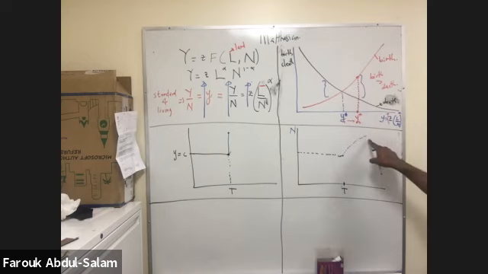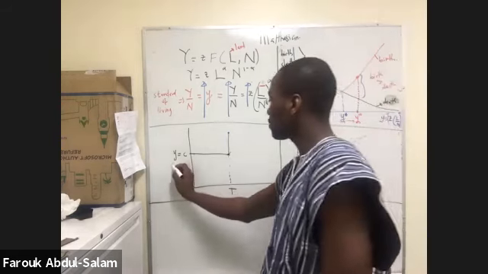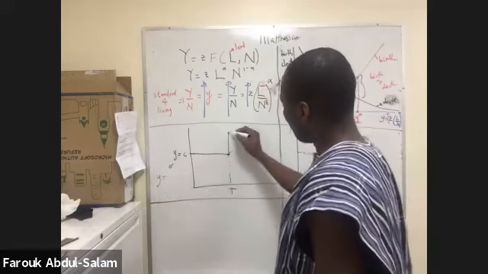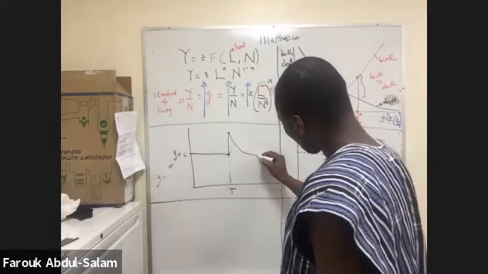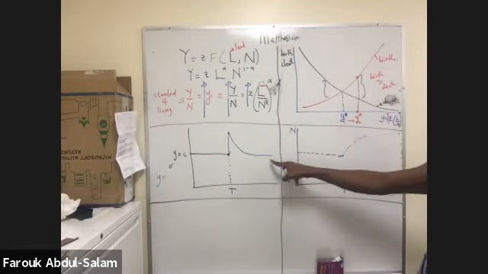And as this guy increased, what we saw here was that because this guy is a function of N, it will start to reduce back to normal, coming back to where it was. And that's the transition that I'm trying to point out.